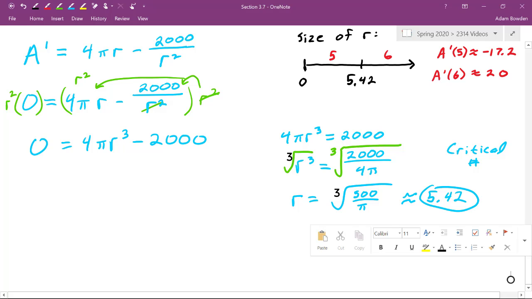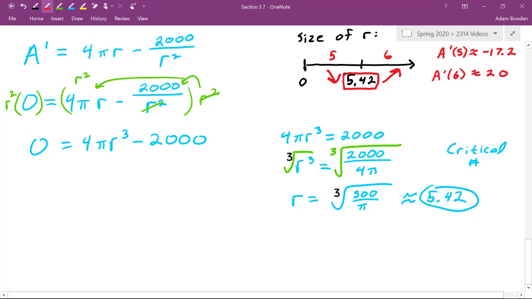What that means is the derivative is positive and increasing there, and it's negative and decreasing here, meaning that at this critical value we found, that's the lowest it's ever going to get. That's both the absolute and a local minimum. So we don't really have to check much else. I'm just showing it to illustrate the fact that we can know for sure that 5.42 thereabouts is indeed the absolute minimum for this particular situation.